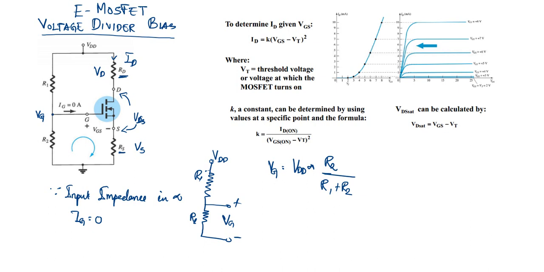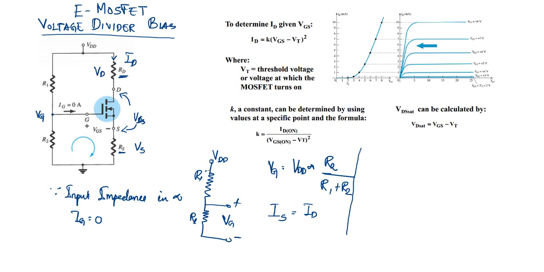Then further we need to find the other values. If you try to get VGS, here we have VG, here we have VGS, and this one is VS. By applying Kirchhoff's voltage law, you can obtain VGS. Before that, another consideration we make: since Ig is equal to 0, Is is equal to Id, right?